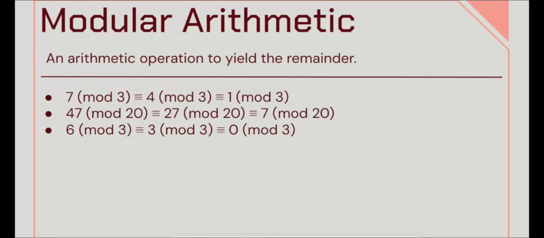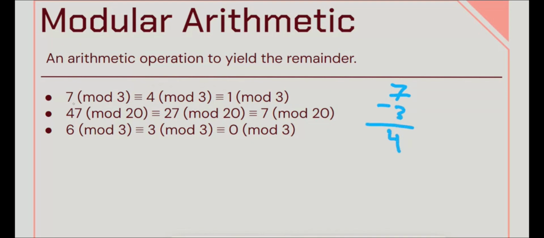Next thing we need to know is modular arithmetic. This is pretty much a very simple concept of how to find a remainder. If we want to look at how this is done visually, let's say we're doing 7 mod 3, which means how many times can 3 go into 7 before we find a remainder. If we do 7 minus 3, we get 4.